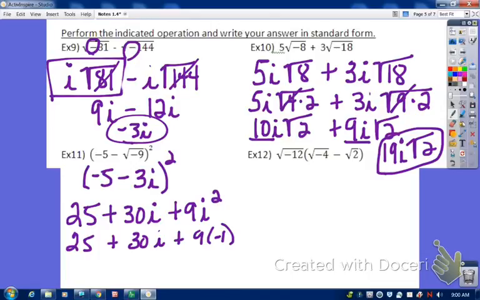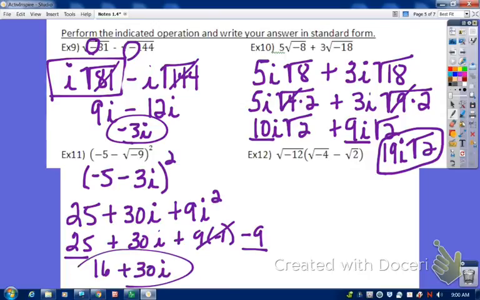So that 9i squared is really going to turn into a negative 9. And then once you combine like terms, 25 minus 9 is 16. And then you just have the plus 30i. Once you get the hang of it, and you know what you're doing, you can start skipping steps. Just be careful. Make sure you know what you're doing.